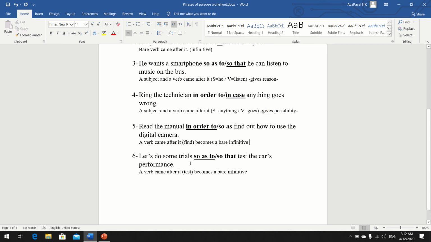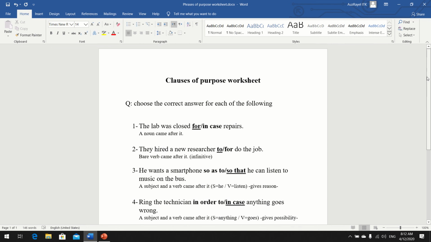Let's do some trials so as to test the car's performance. The reason why we chose so as to was because a verb came after it, which is test, so it becomes a bare infinitive because of to here, same as the sentence above it. So these are the questions that we have in our worksheet.